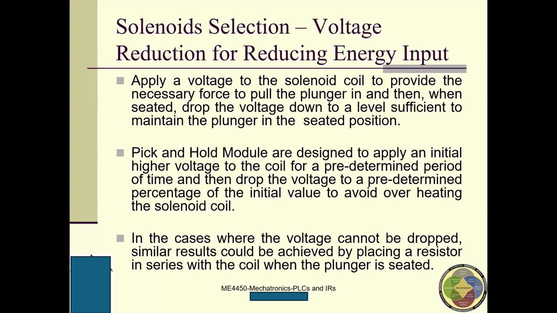Third, in cases where the voltage cannot be dropped, similar results could be achieved by placing a resistor in series with the coil when the plunger is seated. When you place a resistor, this resistor itself will carry some voltage. That means it will just dissipate some energy as heat. Okay, so this is the third strategy.